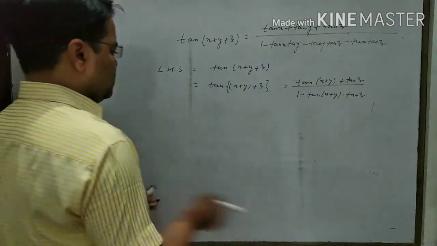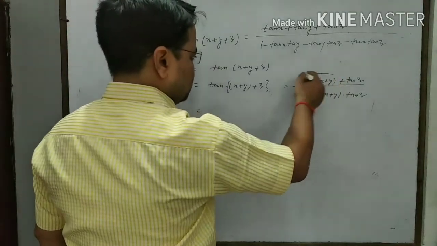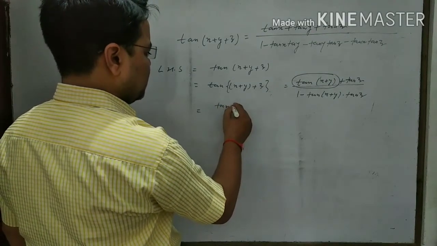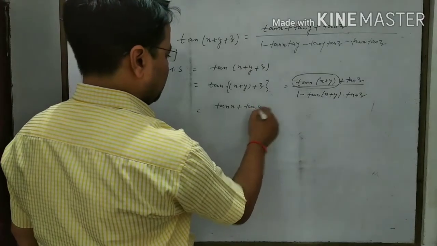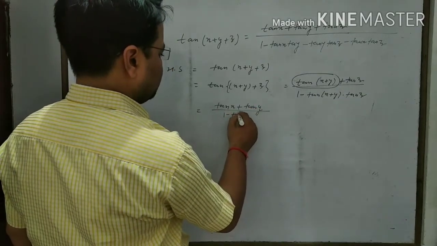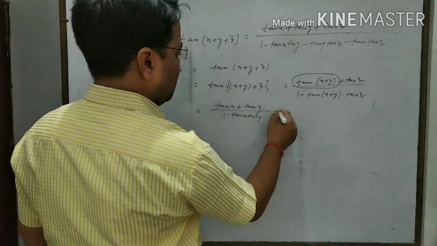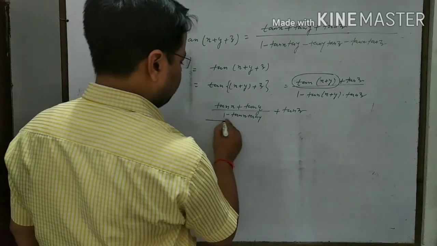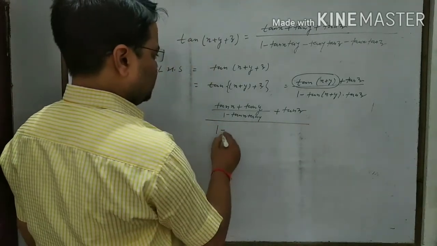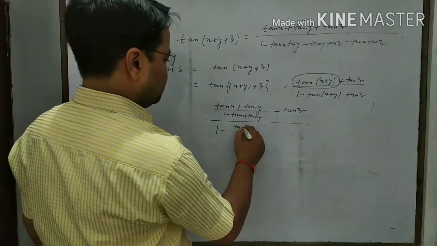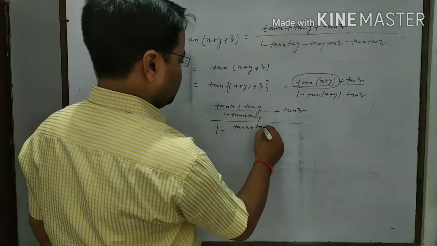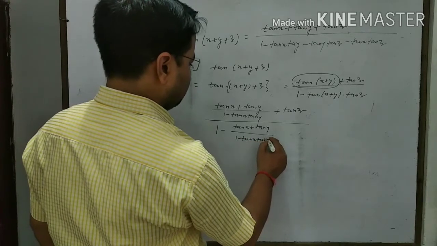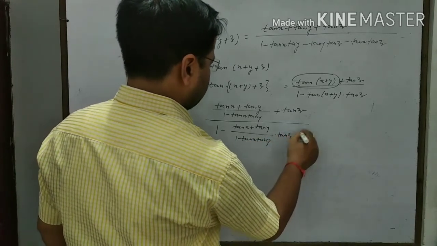Okay, now we just expand this, and it will be tan x plus tan y upon 1 minus tan x tan y, plus tan z, and its denominator is 1 minus tan x plus tan y upon 1 minus tan x tan y into tan z.